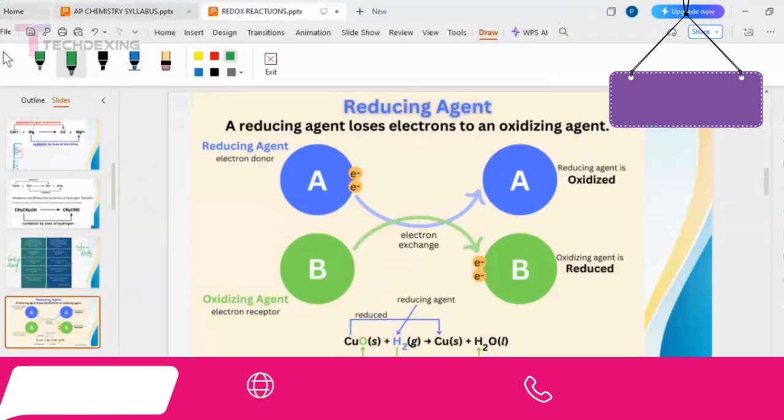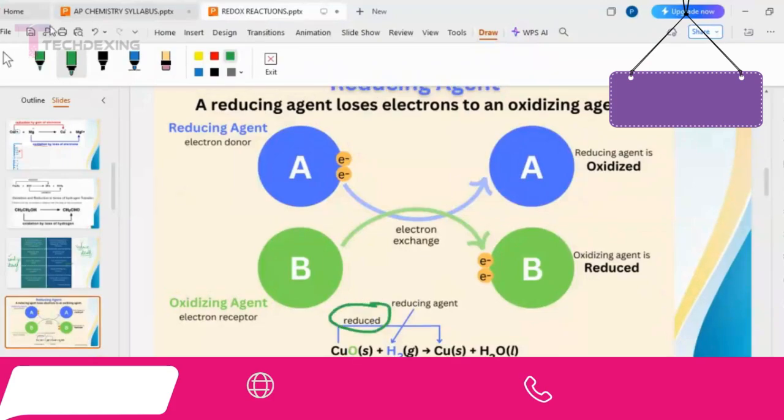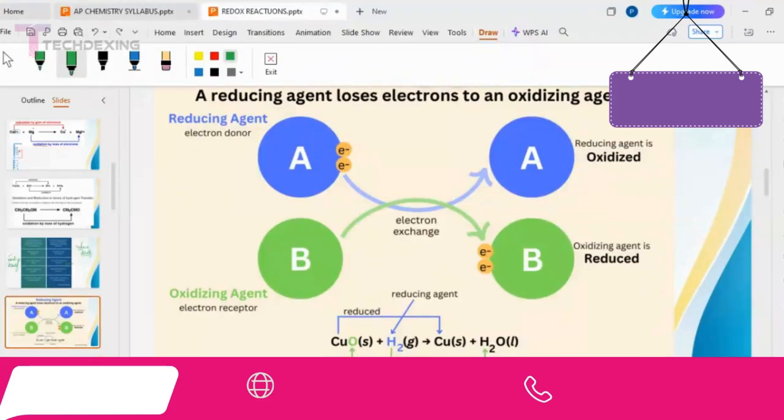So you can see in this diagram, suppose we have two reactants and two products. Let's suppose here I have copper oxide and hydrogen combining to form copper and water. What happens? The copper oxide acts as an oxidizing agent, it will oxidize others but reduce itself.